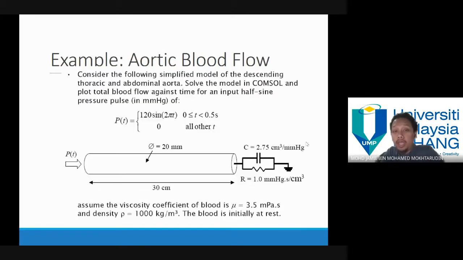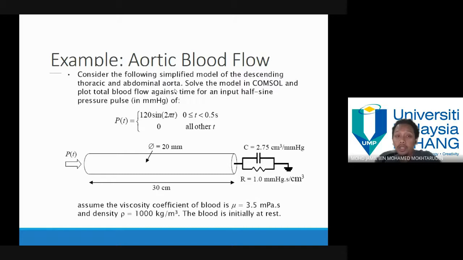Let's look at an example of how we can apply that in COMSOL Multiphysics. Consider the following simplified model of the descending aorta, thoracic and abdominal aorta. The aorta is our blood vessel that brings blood out from the left ventricle, or the left heart.